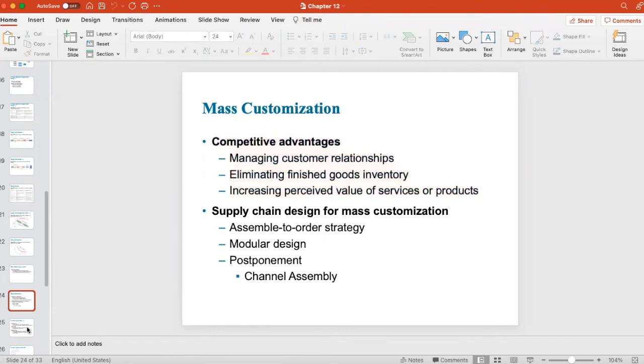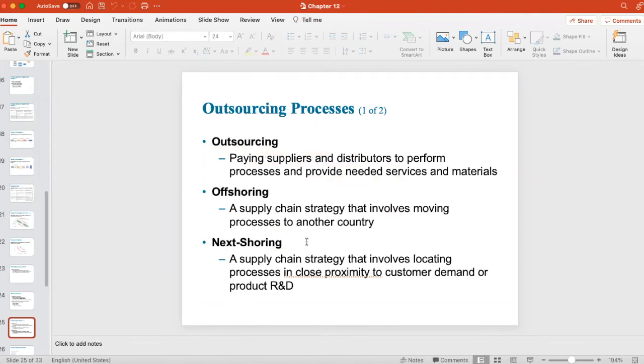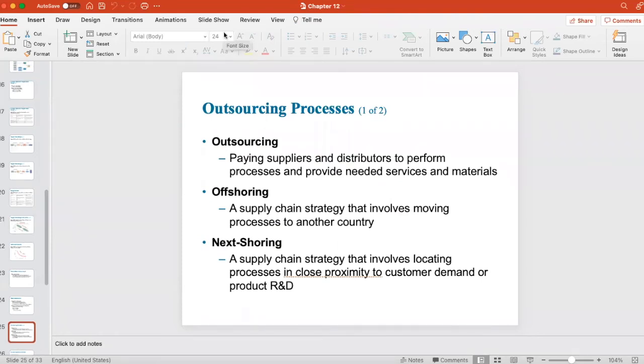Okay, now let's continue. From now on, we will talk about the last key point within this whole chapter, which is called the outsourcing process. As we mentioned at the beginning of the supply chain design process, you probably still remember that normally within a supply chain, we will have a supplier, manufacturer, delivery center, retailer, and finally come to the customer.